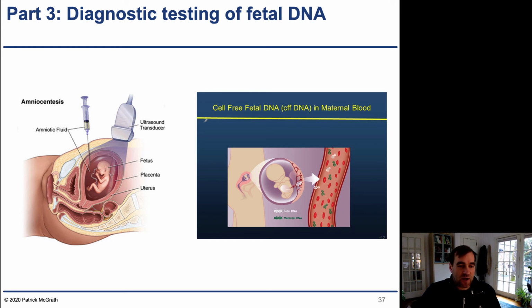And if you wanted to know for certain, then somehow you would need to get DNA from that child, from your fetus. And if that fetus was a trisomy 21, then you could, for example, do a karyotype.